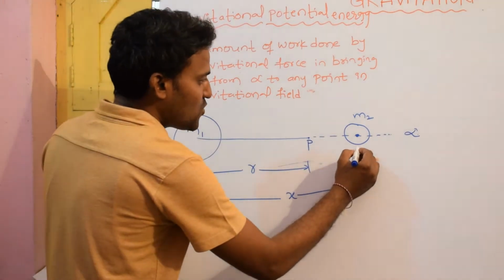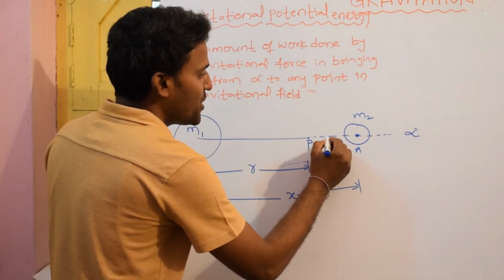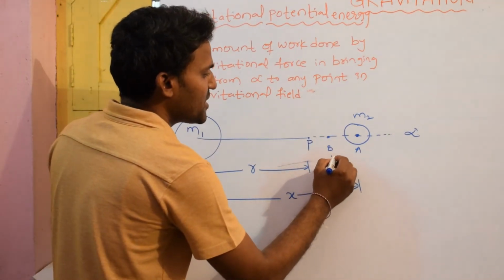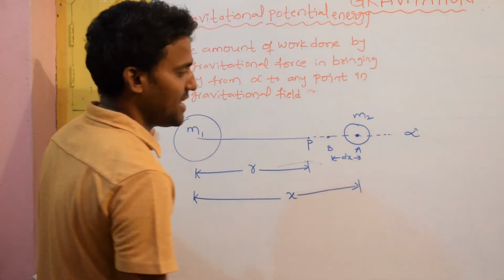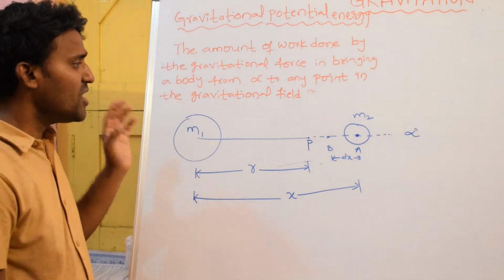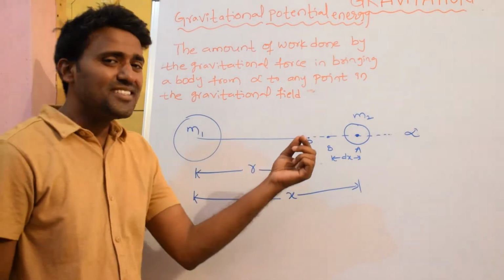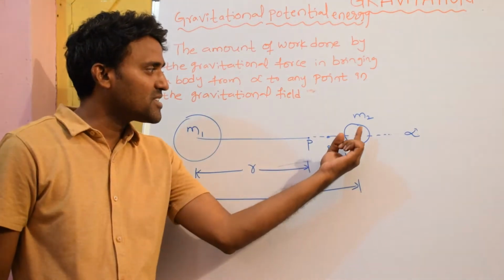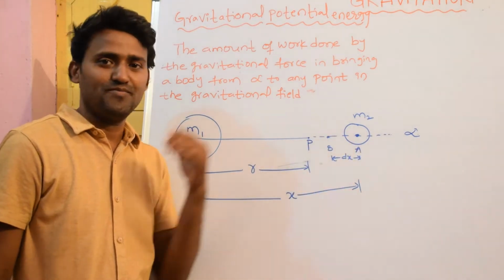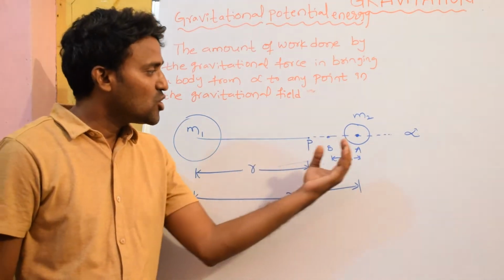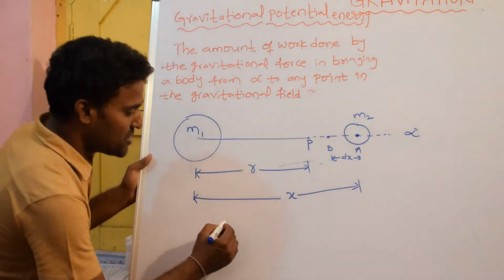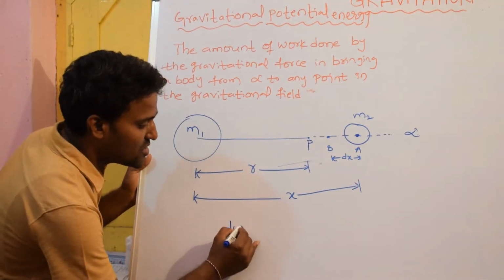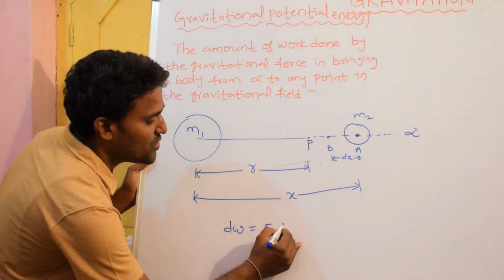Now I am taking it from point A to point B. This is a small distance dx. Now I am writing what is the work done to bring the second object from A to B. For that purpose, I am writing dW is equal to force into displacement.